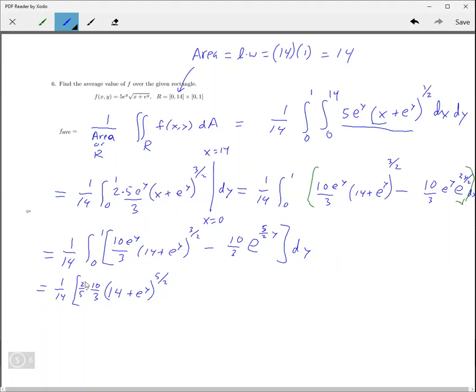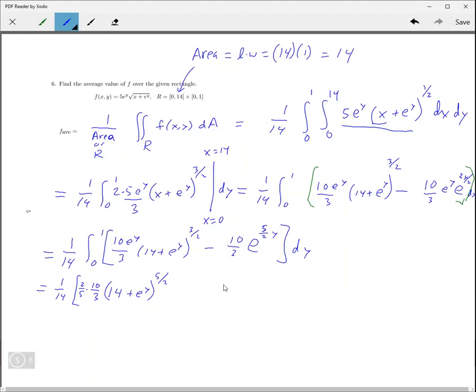That'll cancel with this 2/5 that I put there. And this will reduce to 3 halves. Then we take the derivative of the inside part, the derivative of 14 is 0. The derivative of e to the y is e to the y, which goes right there. So that accounts for the e to the y right there. Okay, so that's it for that one.